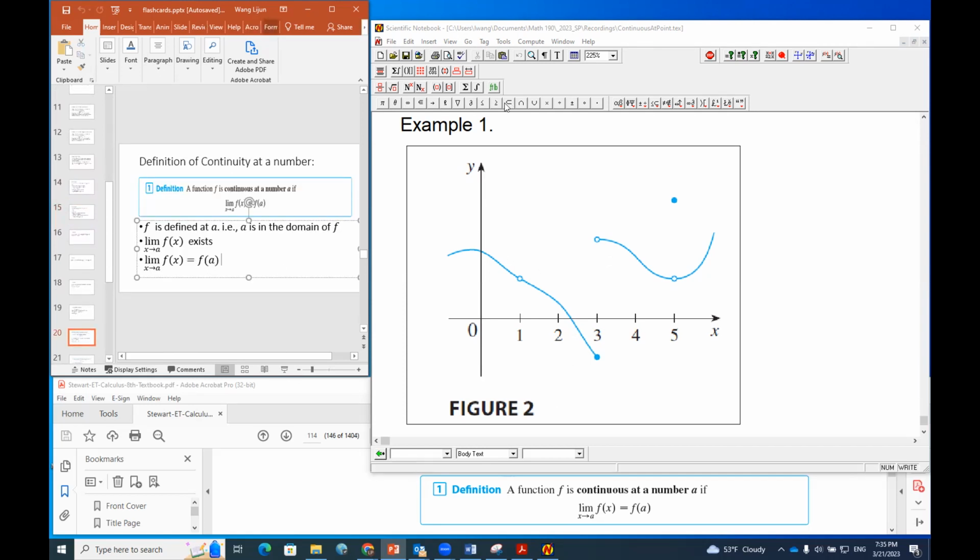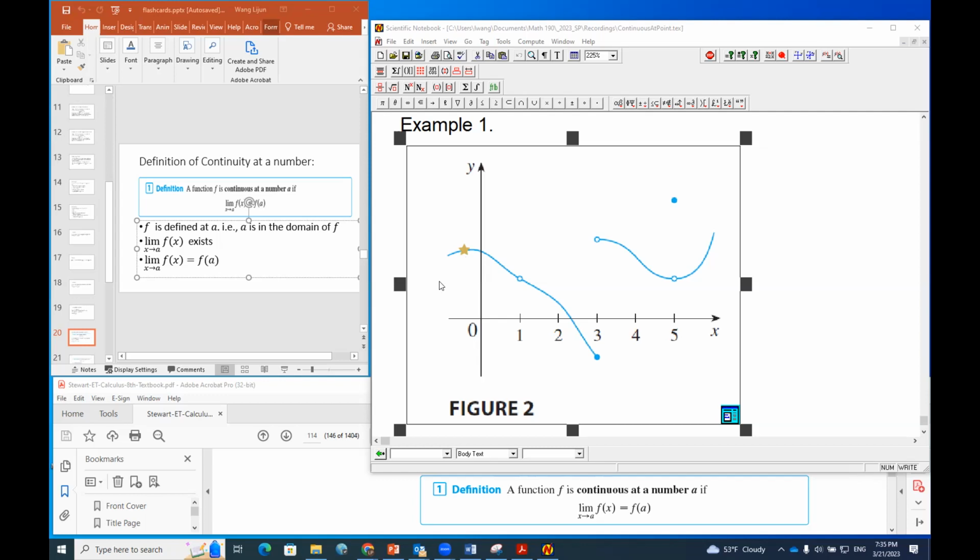Okay, let's look at the first example right here. If you look at some points, it's like this one, right? This point would be continuous. Why? Limit from left and limit from right are the same, and the function is defined at this point.